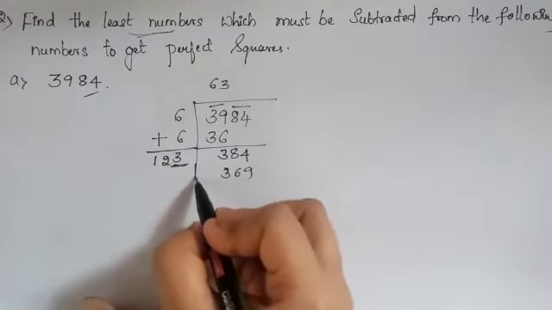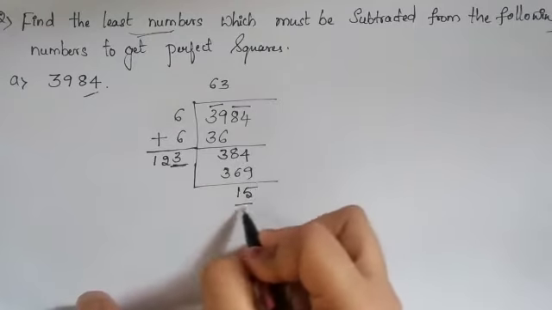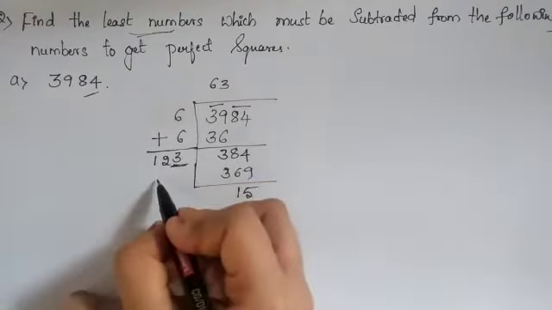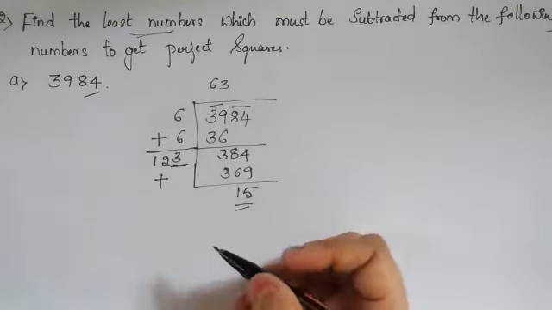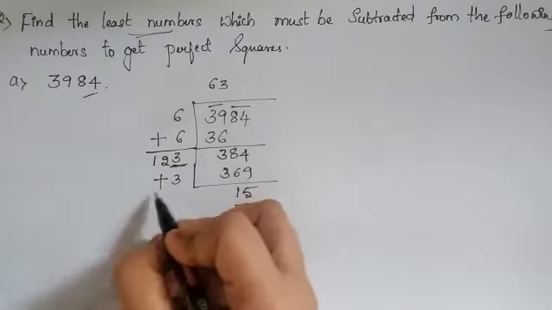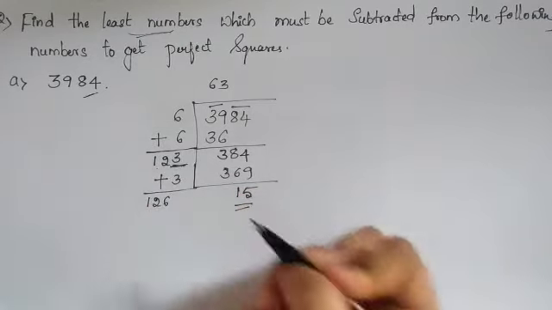I can't divide directly. So if I subtract these two, I'll get 15. Now I'll add to 123 the number which is in the ones place, that is 3. 123 plus 3 means 126.